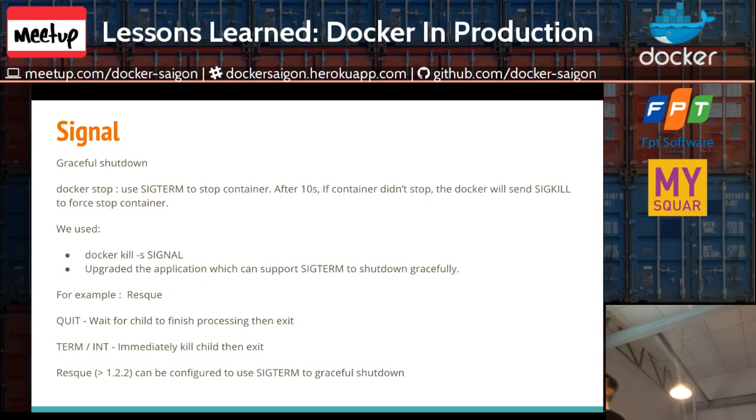For example, Resque: if you signal it to wait for a graceful shutdown, but you use TERM to immediately kill the child, then it may not be graceful. If we don't handle Resque, some jobs may not finish because it forgot to kill the child process, and after that the container is stopped.